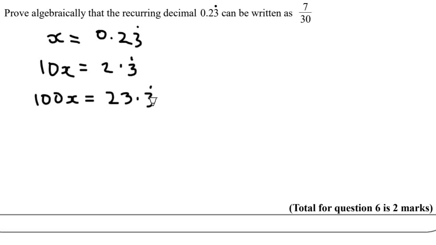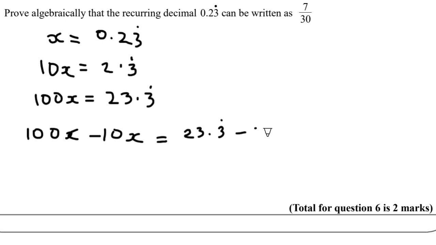Now, in order to get rid of the recurring decimal, that's the continuous threes, we are going to subtract 100x take away 10x. So that will be 23.3 recurring, take away 2.3 recurring, and that is 21.